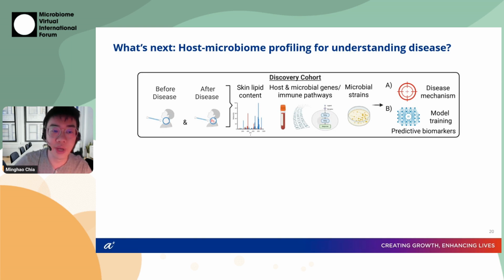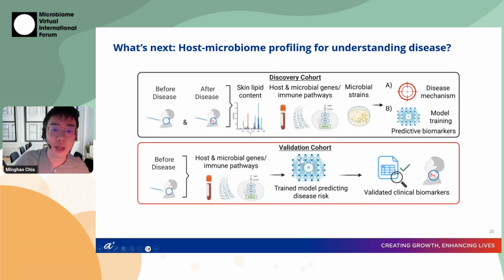And if you combine that with microbial strains, you have a much bigger understanding of what contributes to disease mechanisms. You can then perhaps train a model to predict the propensity to get some disease, like eczema flares that can recur. And then, of course, you validate these in a validation cohort and hopefully get a set of validated clinical markers.